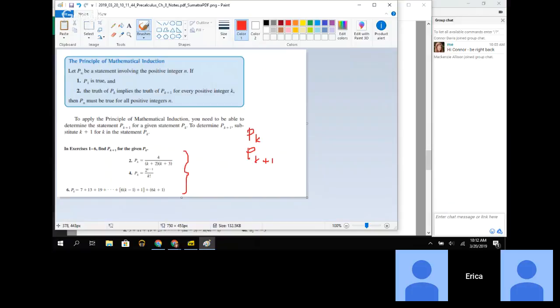So like I said, this is where you're doing something that you don't quite know why you're doing yet, but you will later. All right, and this idea of being able to figure out what k plus 1 is has to do with the second principle of mathematical induction, where if you have P sub k, then it implies the truth of P sub k plus 1 for every positive integer. So it has to do with that. We just haven't quite gotten to that part yet. Okay. All right. So for 2, 4, and 6, we basically just need to find out what P sub k plus 1 is when we have some P sub k.